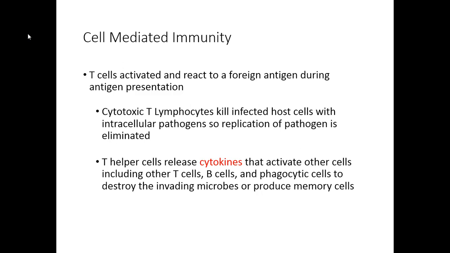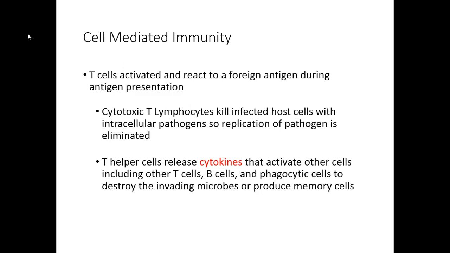So that's the first step of cell-mediated immunity within T cells. The second is a little more complex than what we're going to see here, but we're going to talk about it in detail, and that is the actions of when T helper cells are activated.